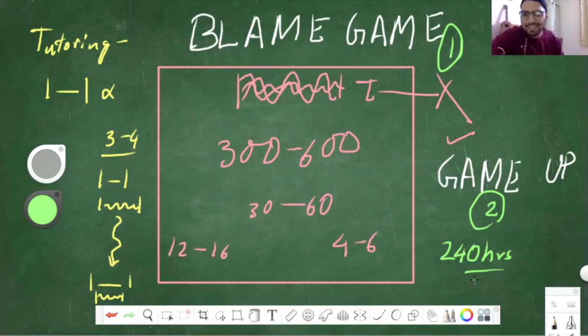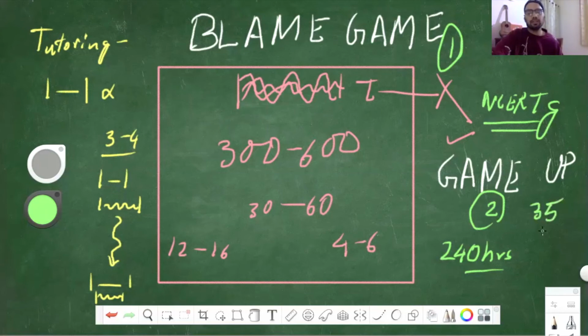If you look at NCERT guidelines for 11th and 12th standard, it's written there that every class is 35 minutes long, and certain topics need 20 periods.